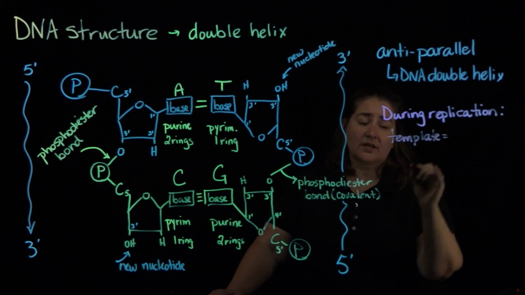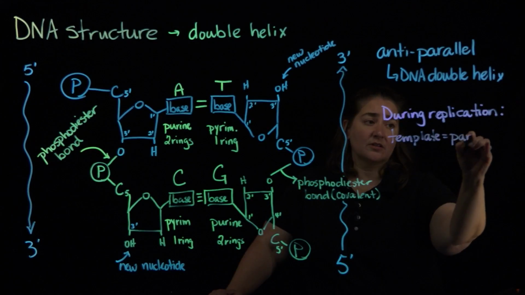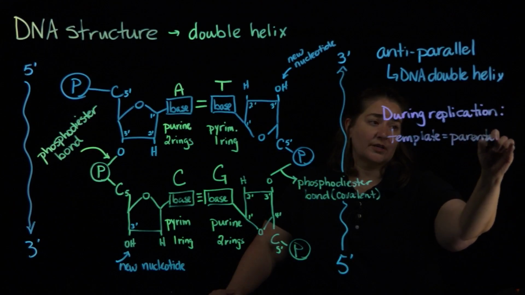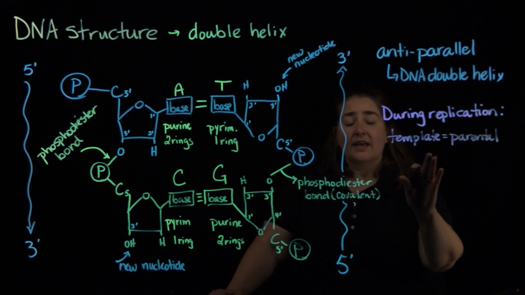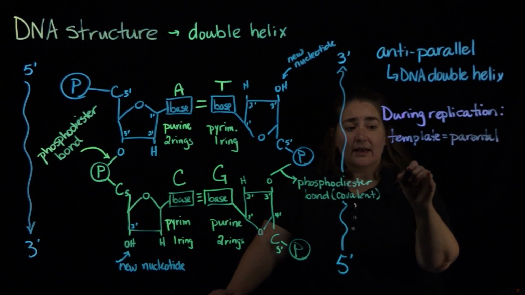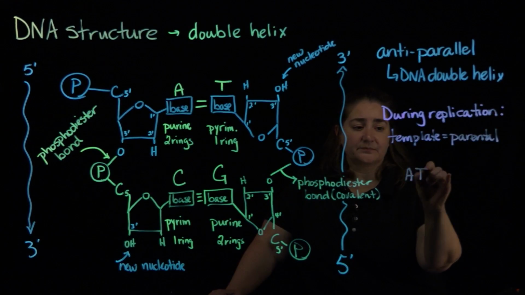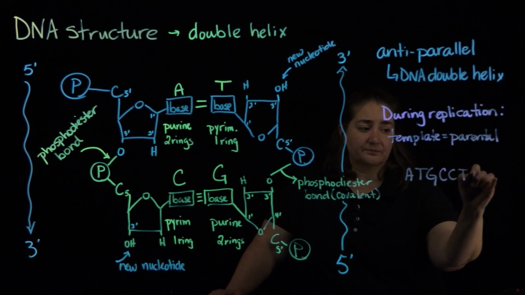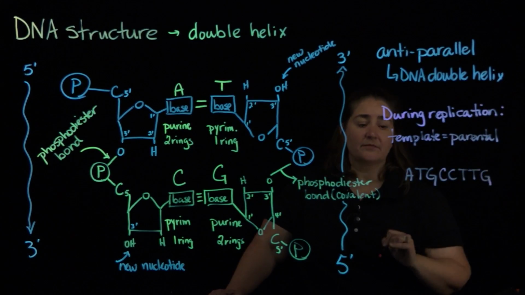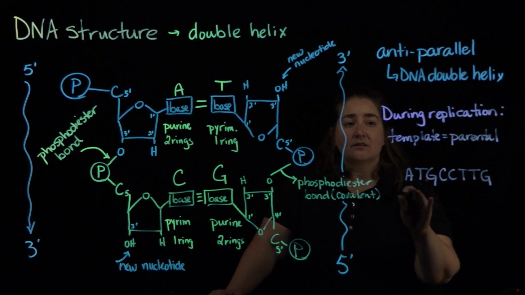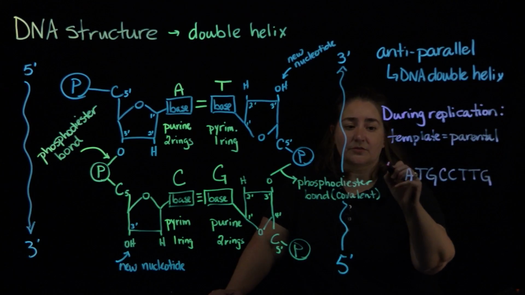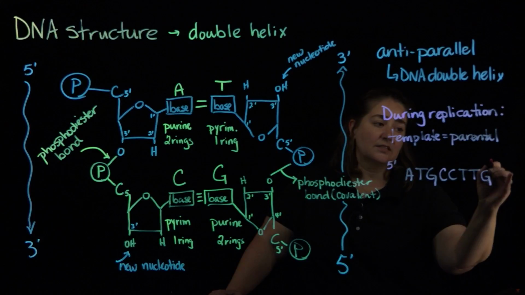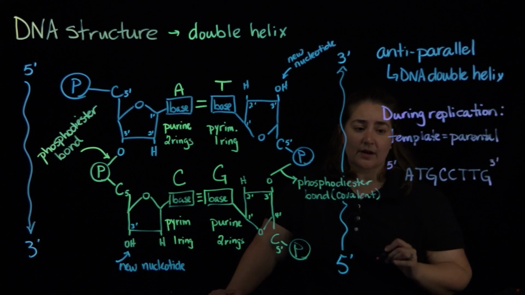The template strand is what I will also call the parental strand. And you may, for example, have a particular sequence, and I'm just randomly putting up letters here. This may be our template strand, our parental strand. It's going to run 5' to 3'.